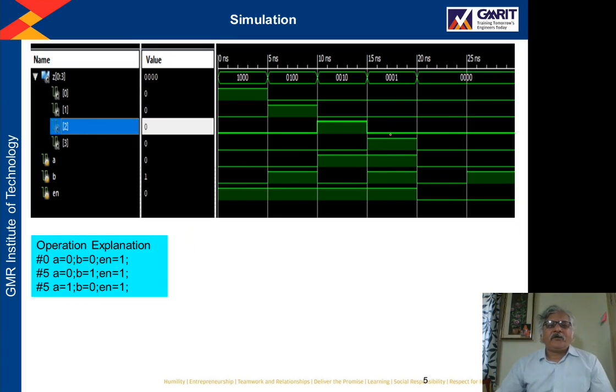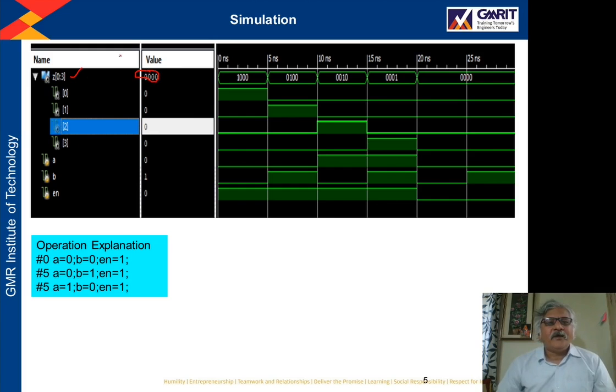Now we will see the simulation result. Okay, so now here you can see this is the Z output. This output can be written in this way also as a vector form Z 0 0 0 0.